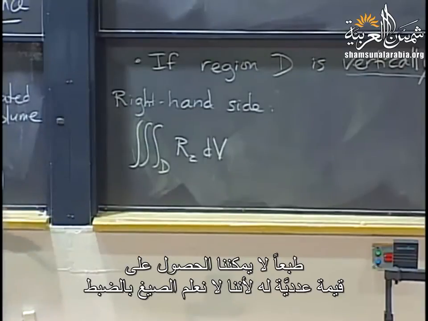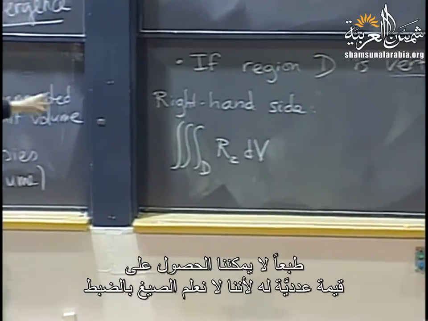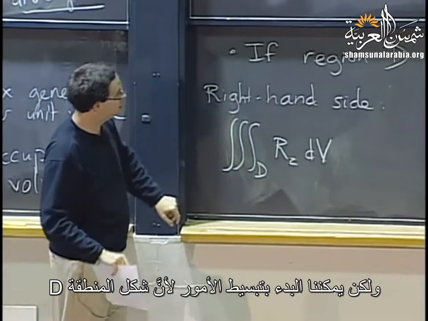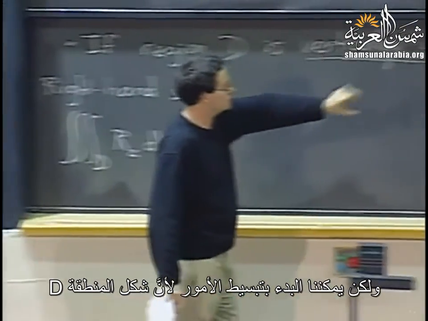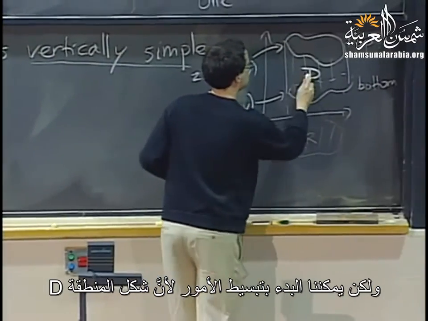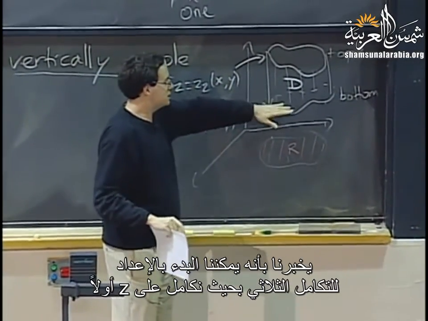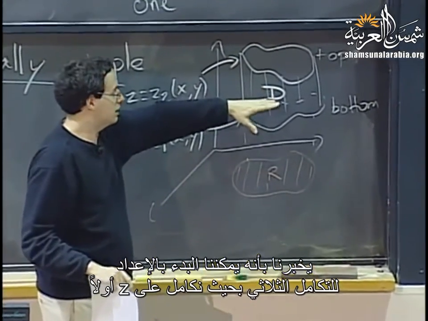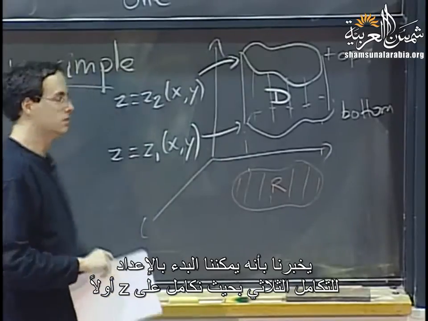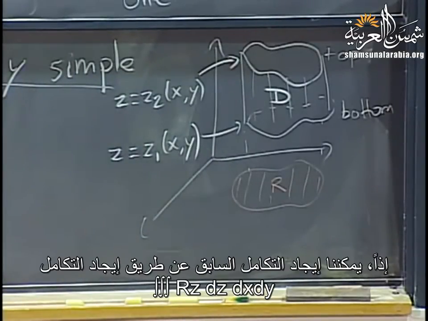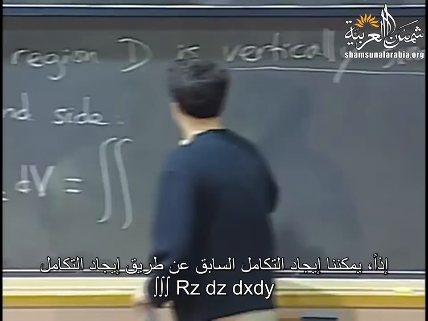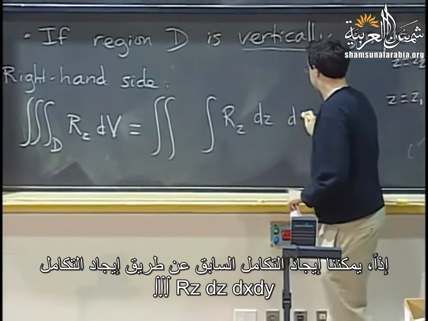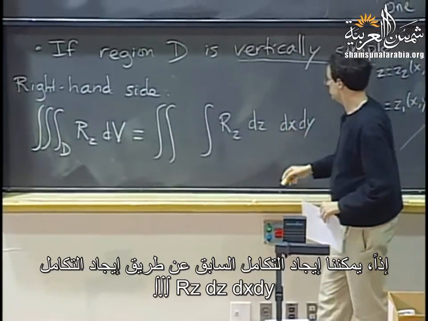Okay, so of course we will not be able to get a number out of it because we don't know actual formulas for anything, but at least we can start simplifying because the way this region looks, I should say this is D, tells me that I can start setting up the triple integral at least in the order where I integrate first over z. So I can do it as a triple integral of r_z dz dx dy, or dy dx, doesn't matter.